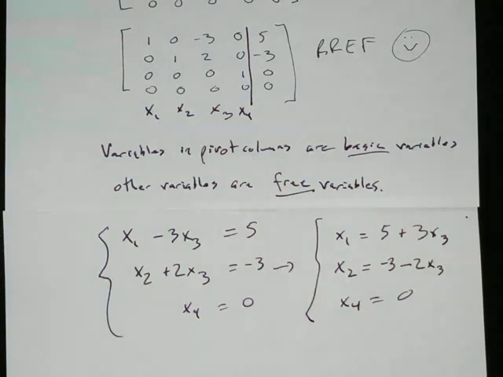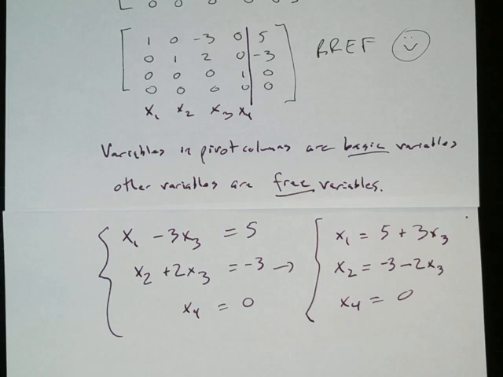I found my solution. Y'all look at me like, what do you mean? What I have in front of me here is infinitely many solutions to this set of equations.